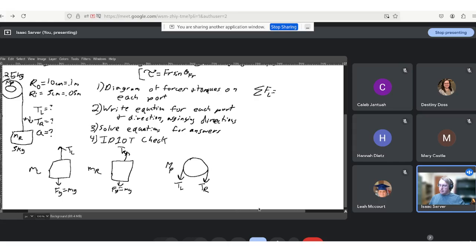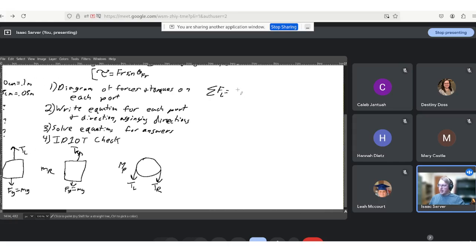So on the left, T_L, up positive, minus m_L g, down, is equal to m_L a. And then the sum of forces on the right, down is positive, so that's m_R g minus T_R, equal to m_R a.